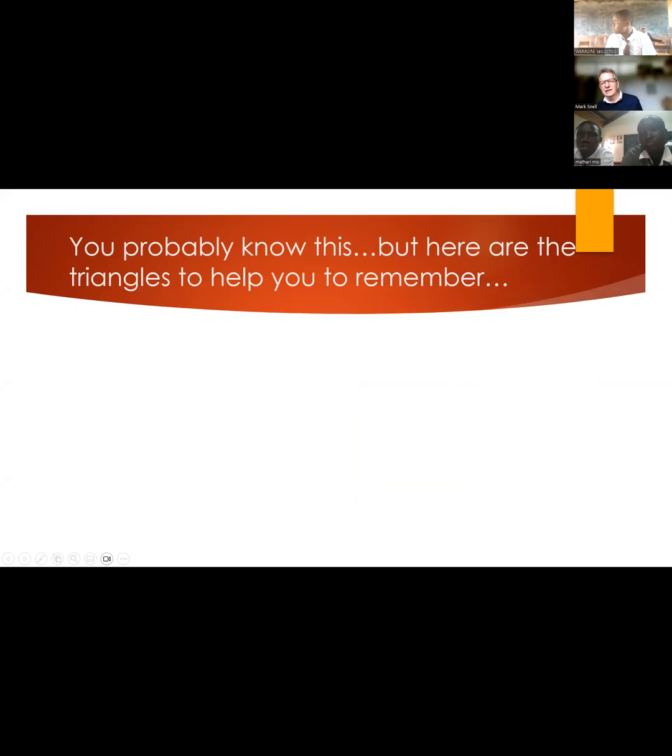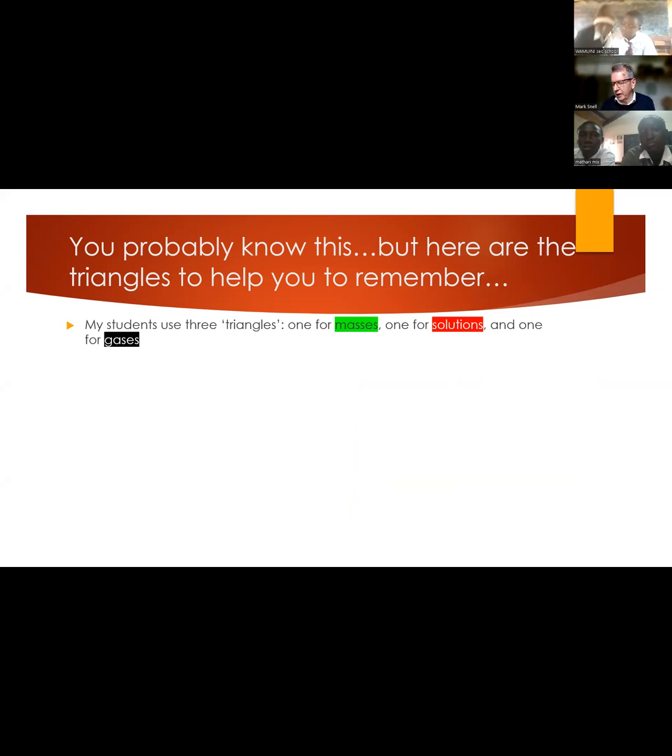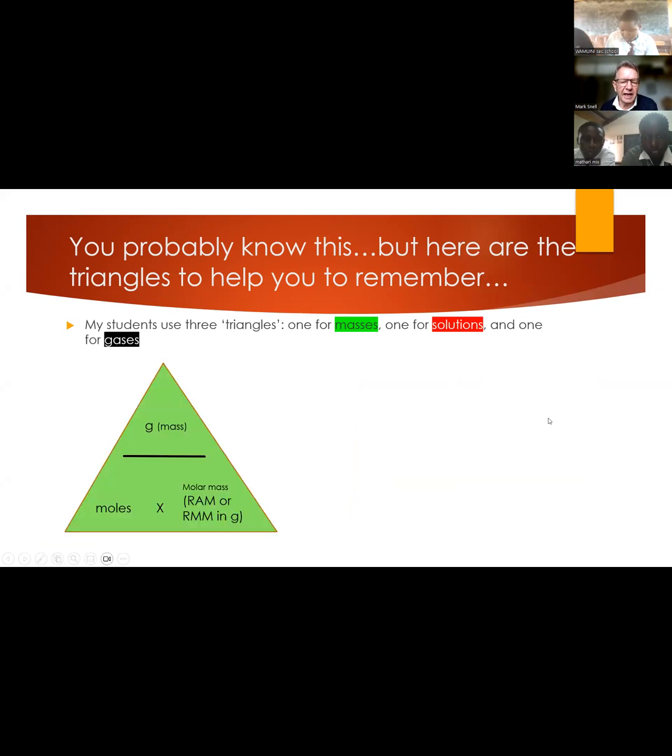Now, these are my triangles. I have 3 triangles. They are relationship triangles like you have in physics very often. In physics, very often, we have things like voltage, current, resistance, V at the top, I and R underneath. I use the same thing. This is the one for masses.